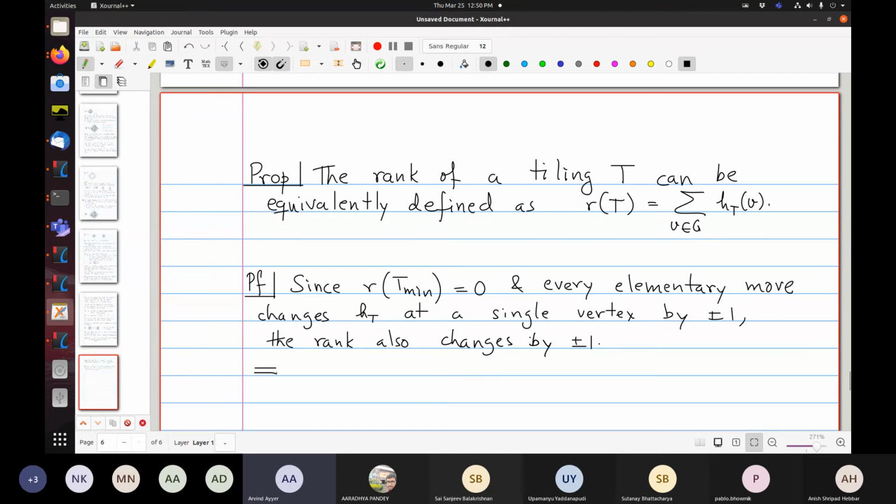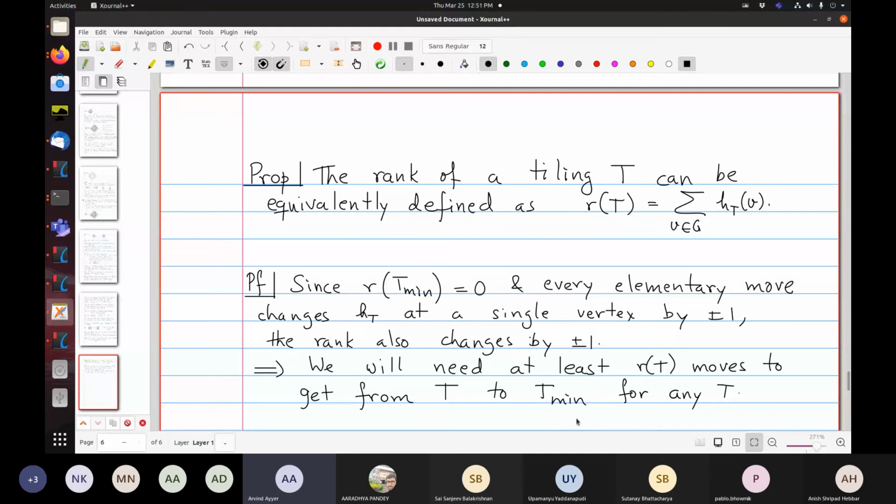So this says that we will need at least R of t moves to get from t to t min for any t.